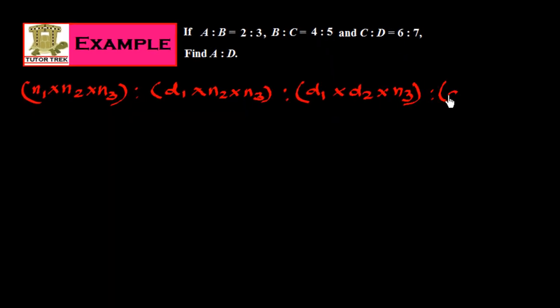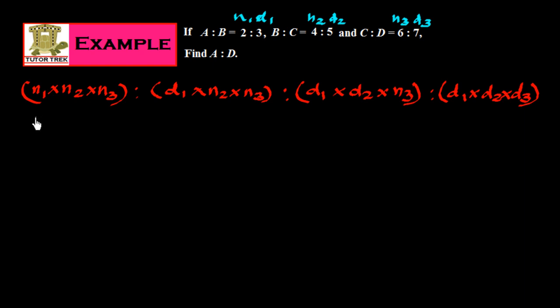So it is d1 into d2 into d3. So it's very simple to keep in our mind. Now I explain. It is our n1, our d1, n2, d2, n3 and d3.